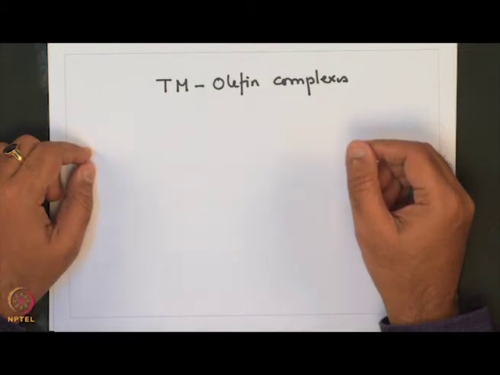In that perspective, we have looked into various synthetic procedures available for synthesizing these transition metal olefin complexes in the past lecture, particularly with respect to the reactions involved in preparing these, for example, transition metal halides with olefin in the presence of a reducing agent, and various other new methods.